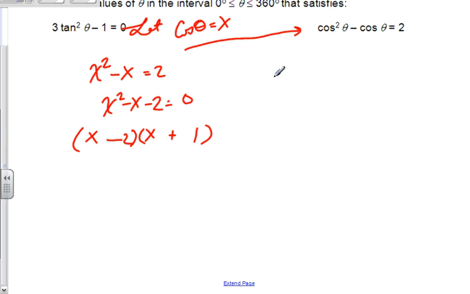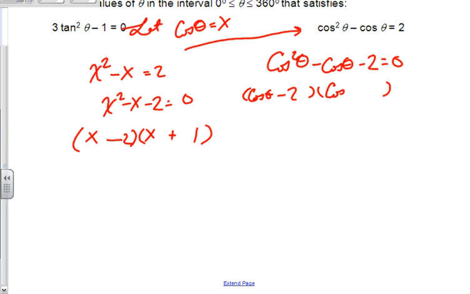This is going to work the exact same way over here. If I subtract 2 over, I'm going to get cosine squared theta minus cosine of theta minus 2 equals 0, and this will factor exactly the same way. We'll get cosine theta minus 2 and cosine theta plus 1 equals 0.